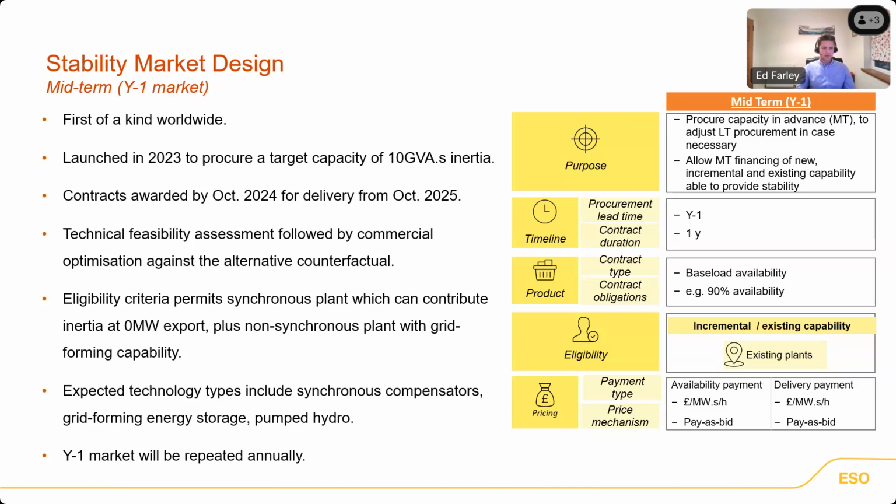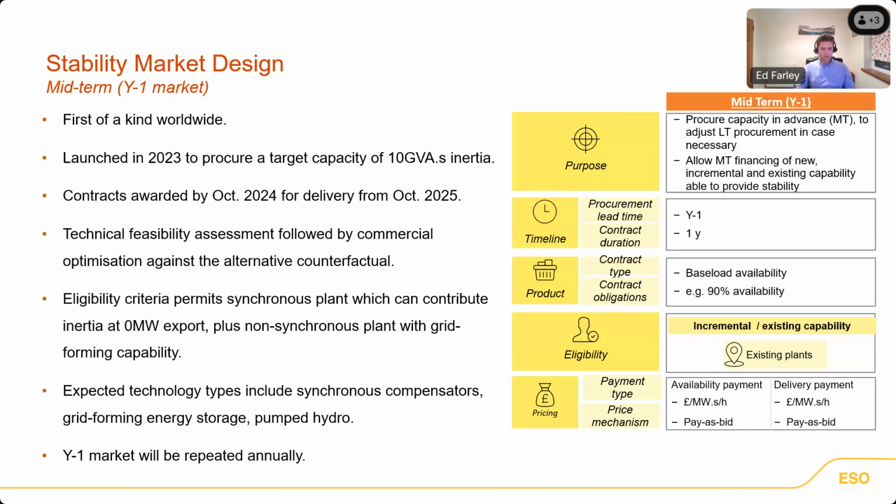One of the big things about the midterm market, and all stability markets in fact, is the eligibility criteria that we've established for these. For the first year ahead market that will commence from delivery in October 2025, we're seeking solutions from synchronous plant, which can contribute inertia at 0 megawatt export.